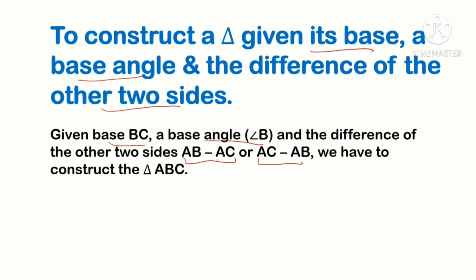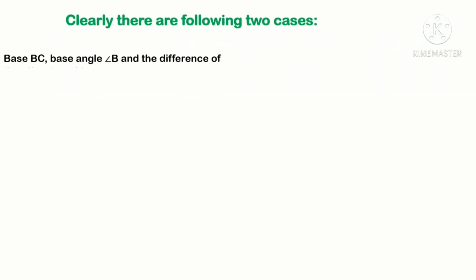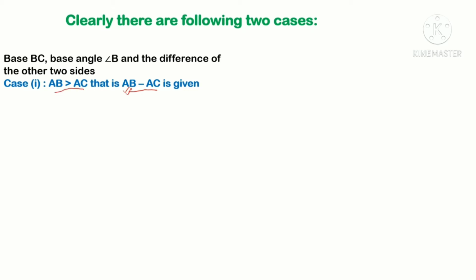So let's see what it means when AB minus AC is given or AC minus AB is given. We saw that when the difference of two sides is concerned, there are two cases. The first case is when in the question it is given AB minus AC. This means that side AB is greater than AC.